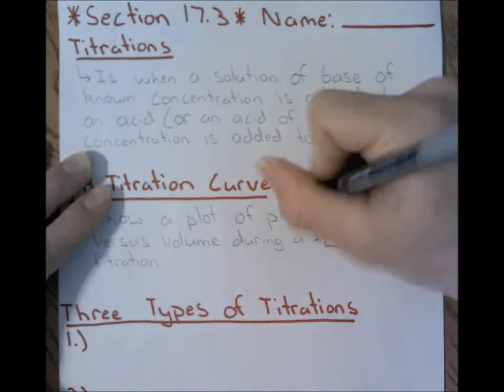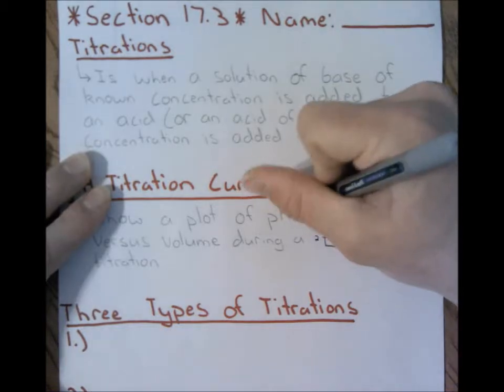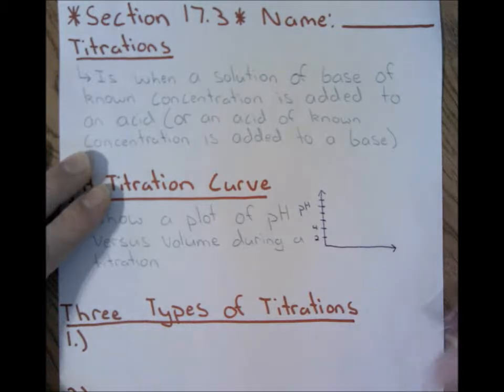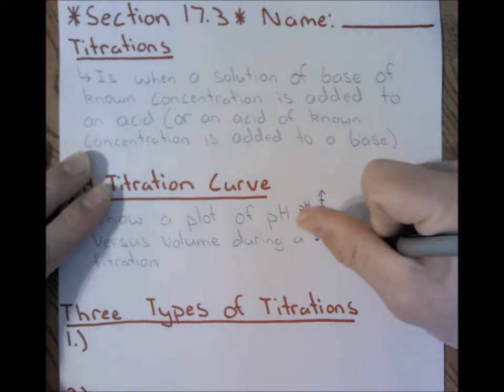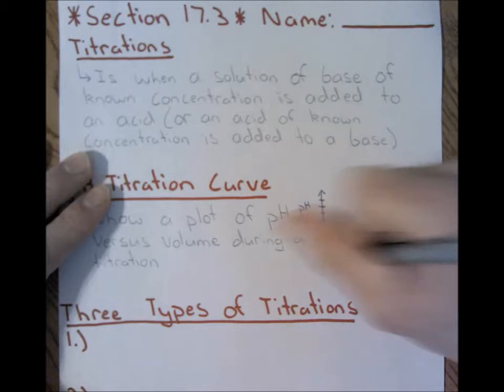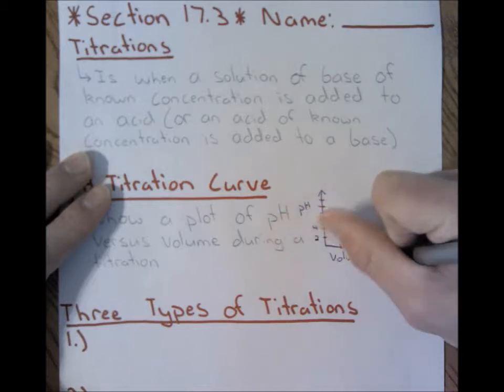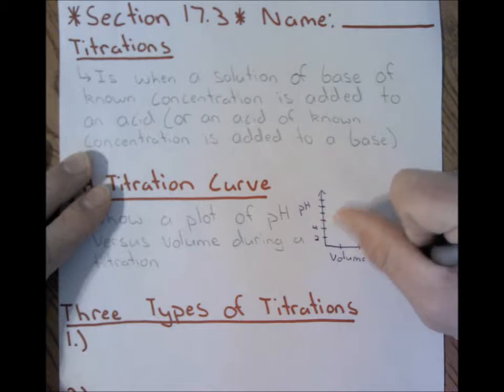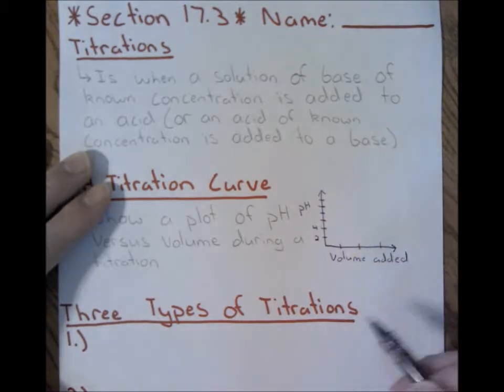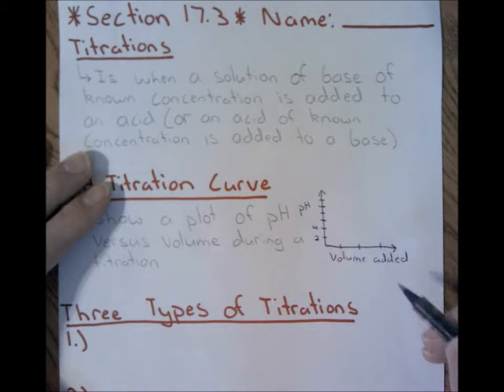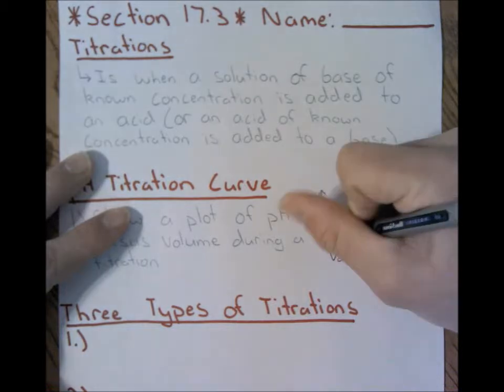So this is the pH of whatever solution. And then over here, this is the amount of volume added. Now, a generic titration curve. This, I'm just going to show you, is a strong acid titrated by a strong base.